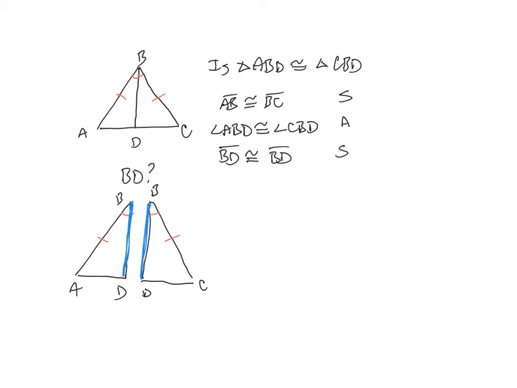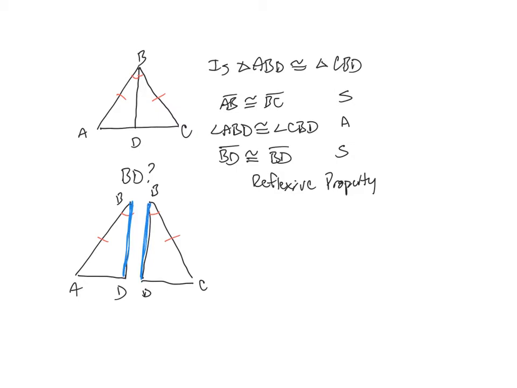So even though it's not labeled or given to me, I can conclude that BD is congruent because it's the same line. This is going to be used a lot. That's the reflexive property that we talked about way back in chapter 2.